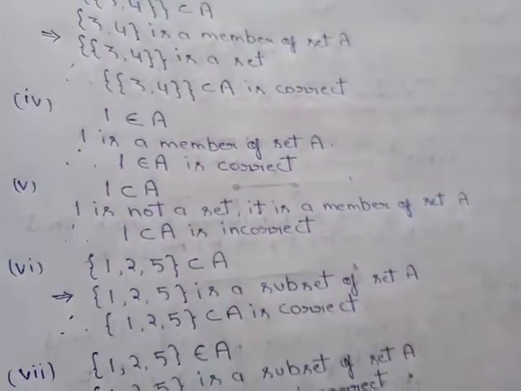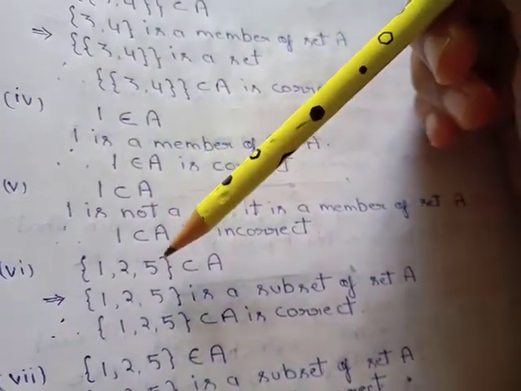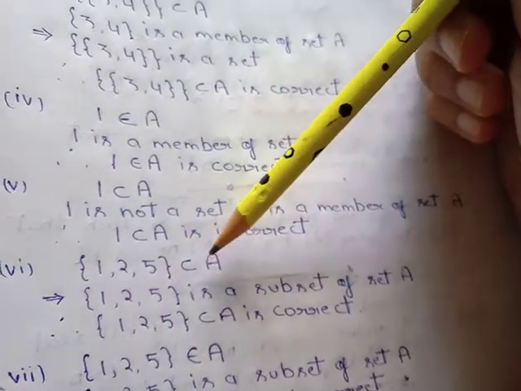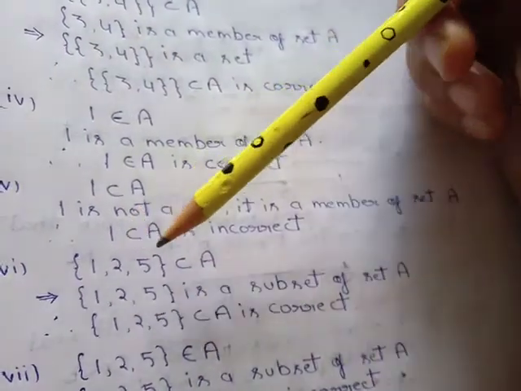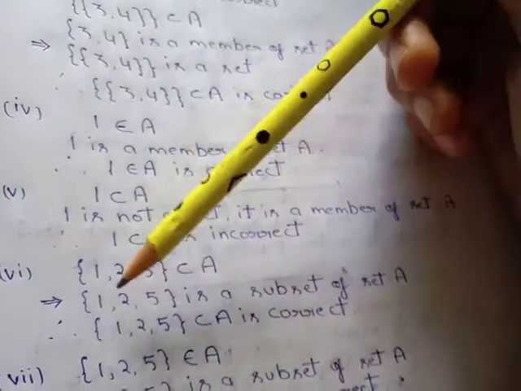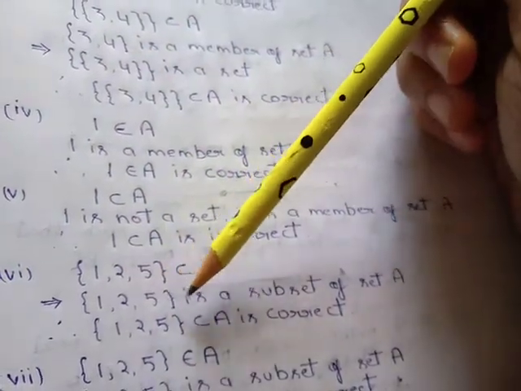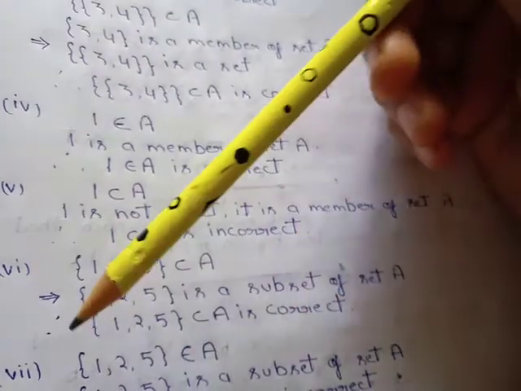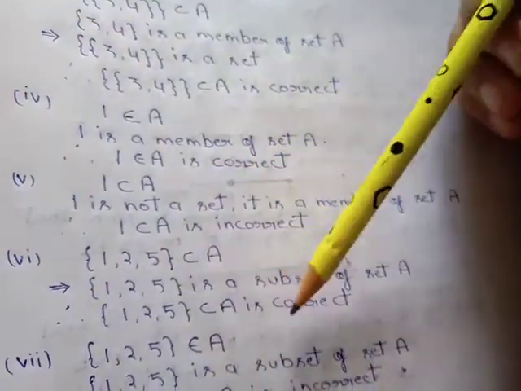Now next: {1, 2, 5} is a subset of A. So {1, 2, 5} is a subset of set A. Therefore the statement is correct.